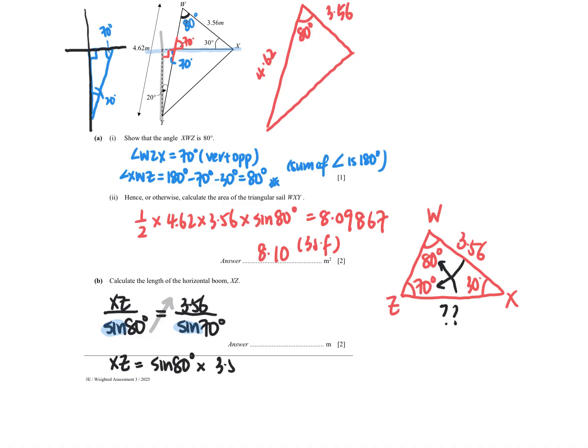Okay, so 3.56 sine 70, so calculate. So 3.73 is the answer, to 3SF.